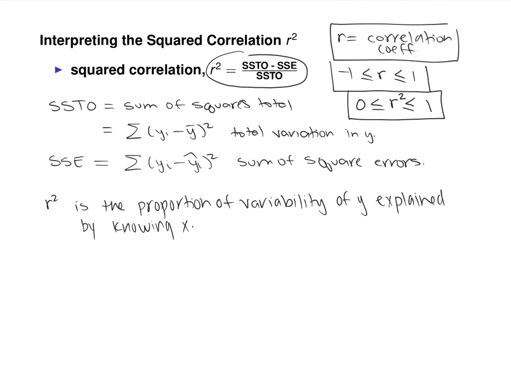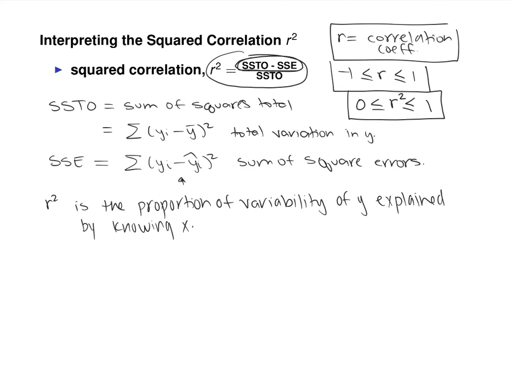So how much information does knowing x give you? The x is built into this because it's used in finding those estimations. So SSTO minus SSE gives you the difference between the total variability and how much error you have, divided by the total, and that's what gives you the proportion.